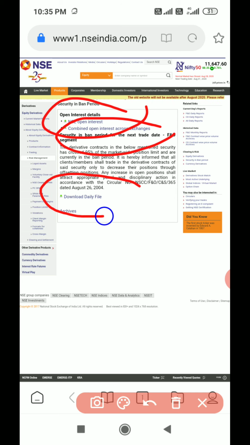If you download this Excel file, you will get a clear idea of which stocks will be under ban tomorrow. So if you are a newcomer to the share market, before making an entry into futures and options, just check this list. You will get a clear-cut idea whether it is going to be banned or not.